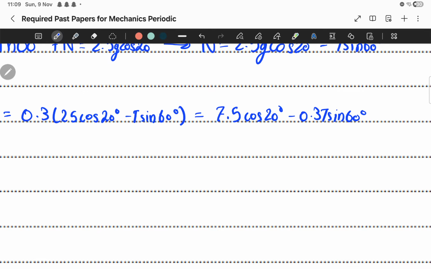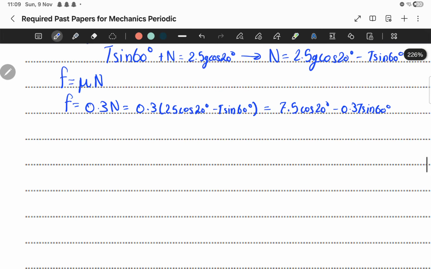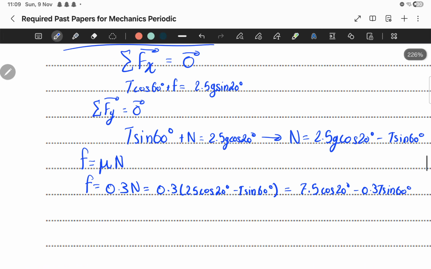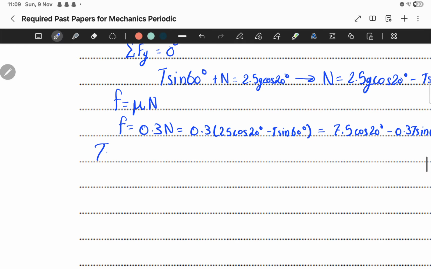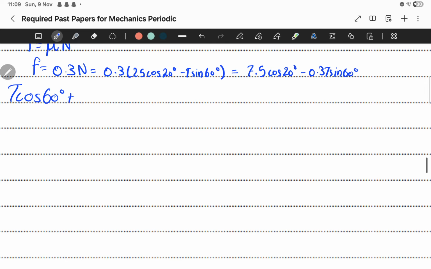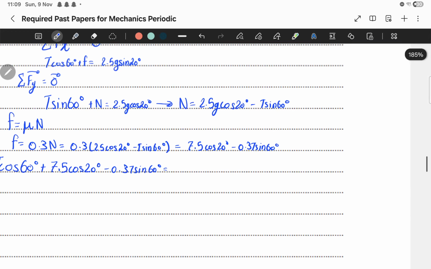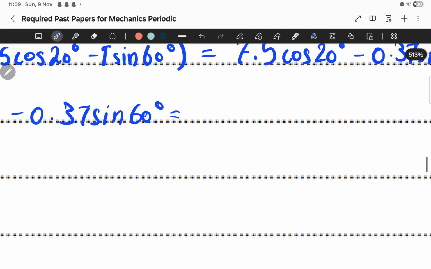Now this is very easy, because I can just substitute friction up there, so I can write T cosine 60 plus friction, so plus 7.5 cosine 20 degrees minus 0.3 T sine 60 degrees is equal to 25 sine 20 degrees.